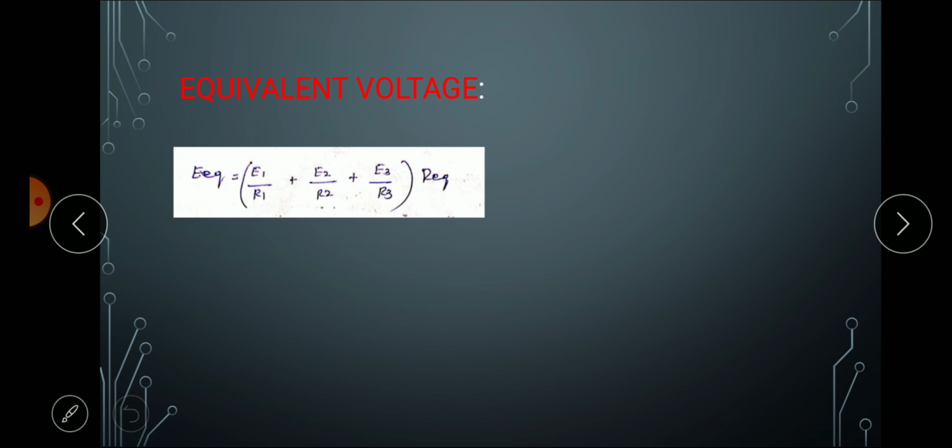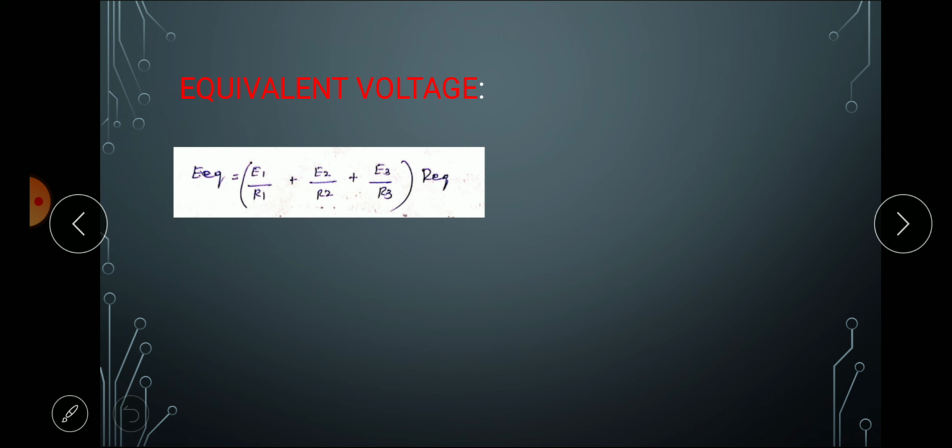Next we find the equivalent EMF of the parallel connected sources. Already we know the formula: (E1 divided by R1 plus E2 divided by R2 plus E3 divided by R3) into R equivalent.